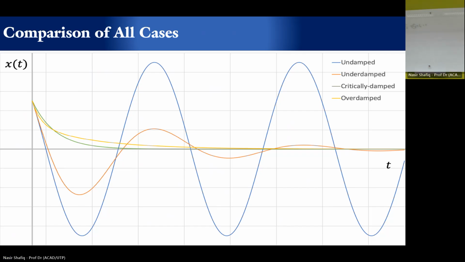Then from these solutions, looking at different characteristics, we have to see that this is the decay.